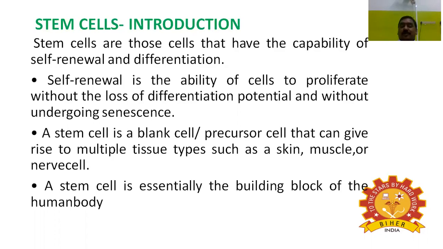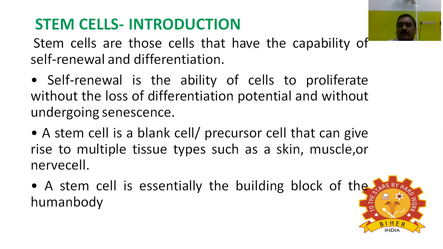Very, very interesting topic. So before starting my class, we should know what is a cell and what is a stem cell. What is a cell? It may be a plant cell, an animal cell, or a microbial cell.